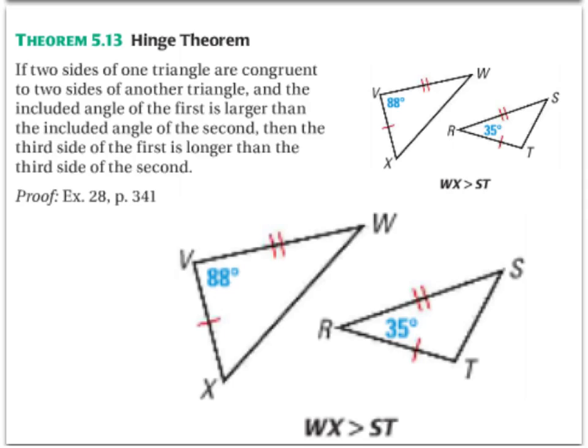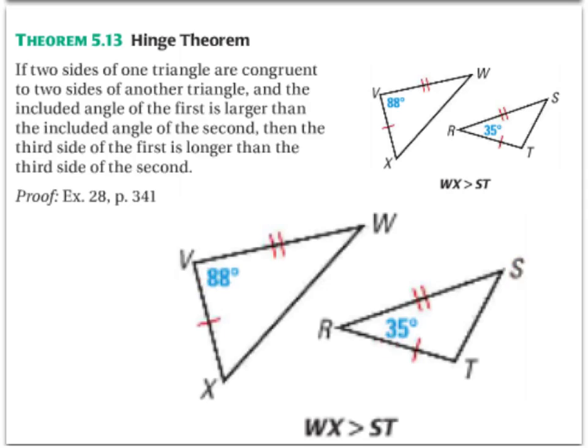Using the gate concept, we have what we call the Hinge Theorem. If the two sides of one triangle are congruent to another, so in this case we have VX is congruent to RT, and VW is congruent to RS, but the angles between them are different.